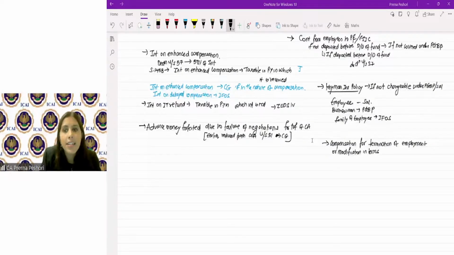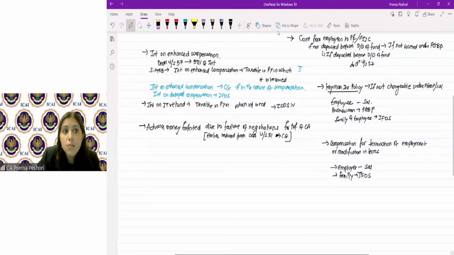So again, as I said, if it is received by the employee, then this will be under salary. If it is received by the family, then this will be under income from other sources.